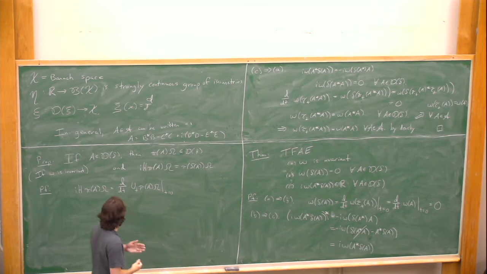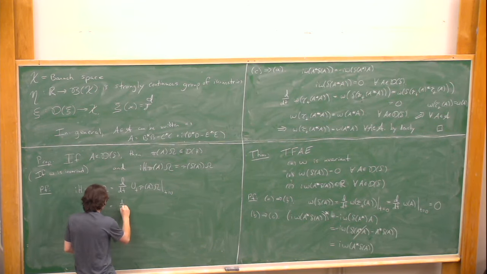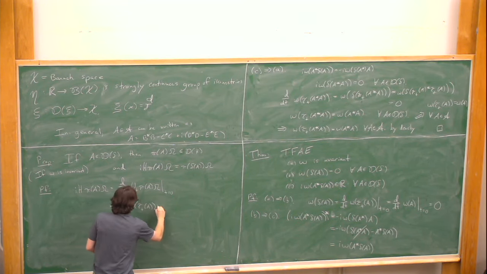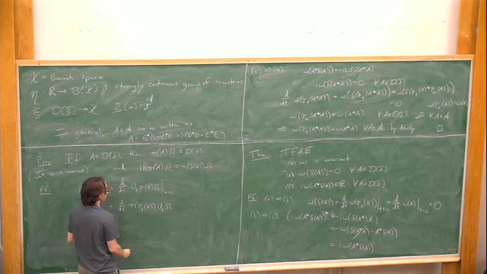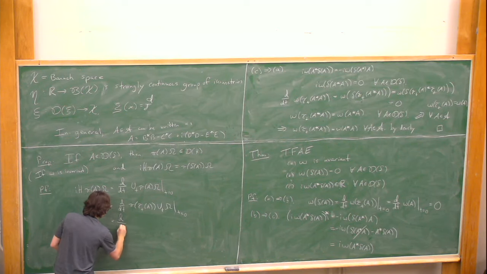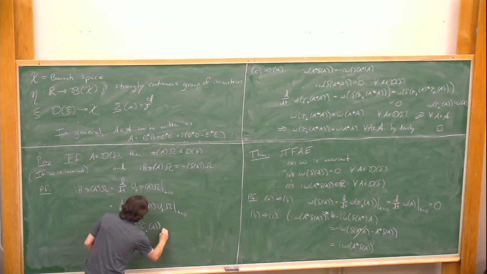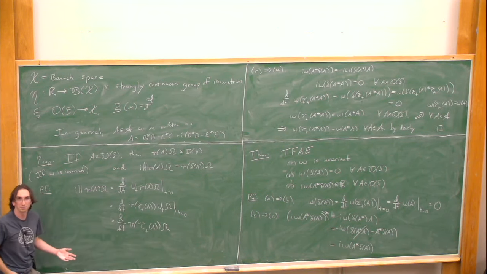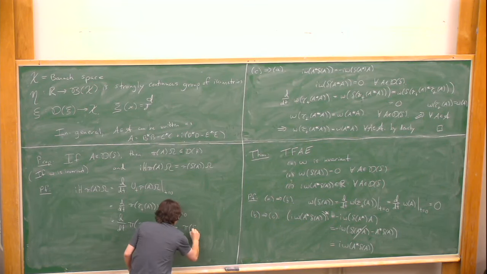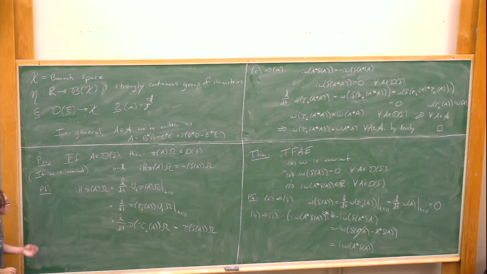It commutes with this pi and introduces a tau t. So this is d by dt pi of tau t of A U t omega. U t omega, or omega is invariant. So this is d by dt pi of tau t of A omega. And this is differentiable by assumption with derivative delta. So that's a very nice little calculation.